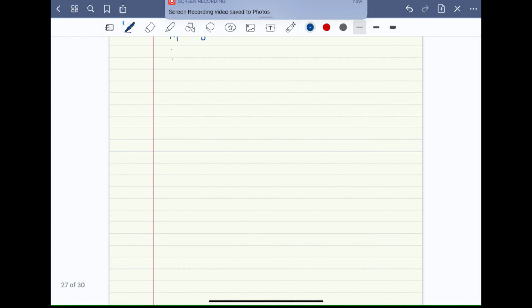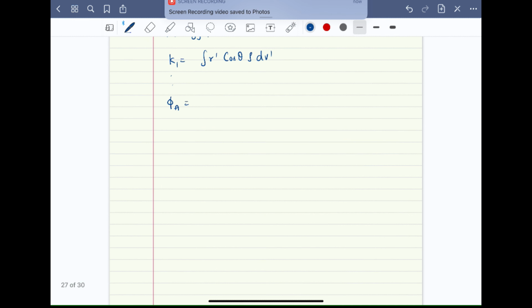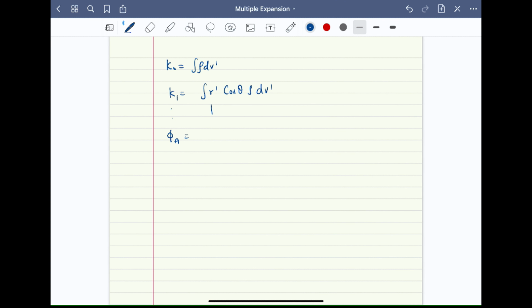So now phi a can be written in the form 1 upon 4 pi epsilon naught, K0 upon r plus K1 upon r square plus K2 upon r cube, and so on.